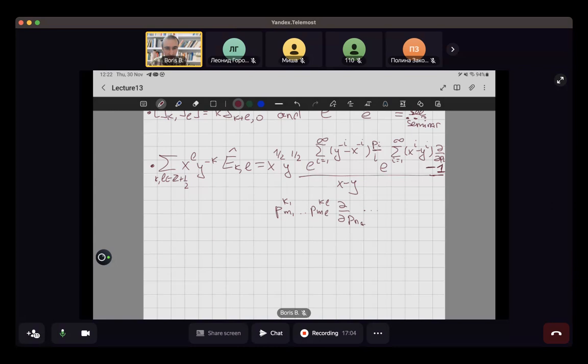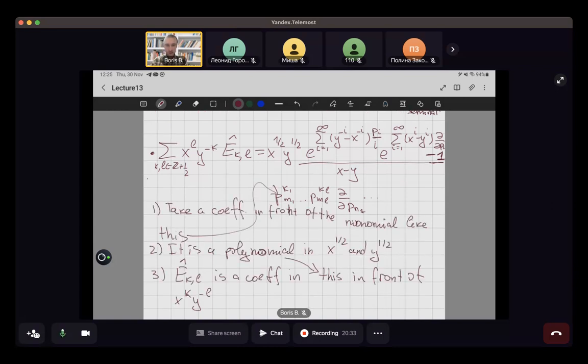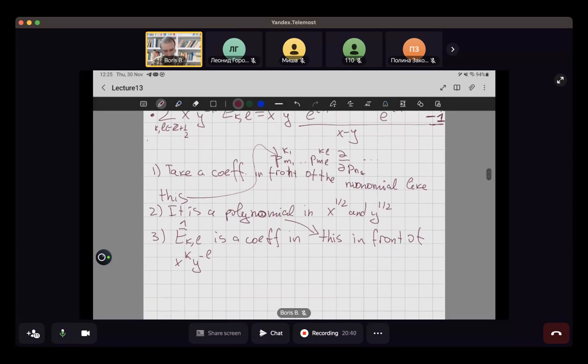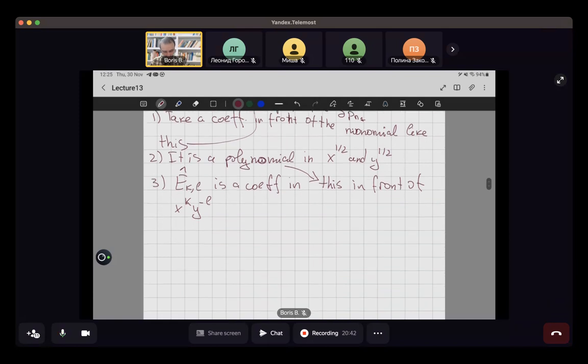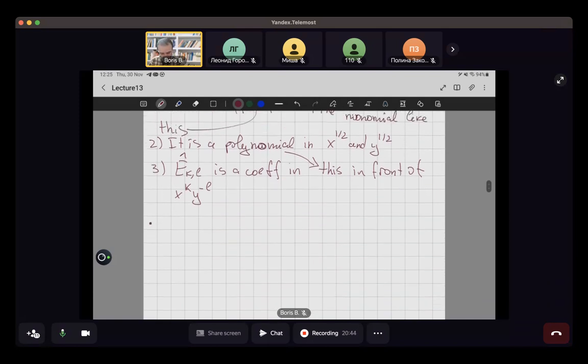But now I just define the action of this E_{KL} hat through this formula. And I want to use them in order to define one more guy, which is one more definition.